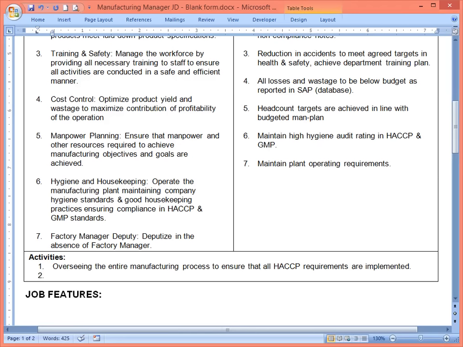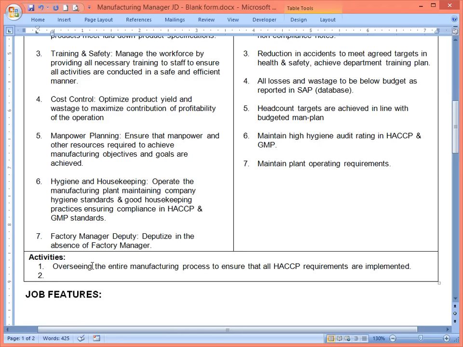Okay. Second activity. Why do I use the continuous tense, the continuous verb? Because the activity is not just one time. You don't do this activity one time. This is a continuous activity.